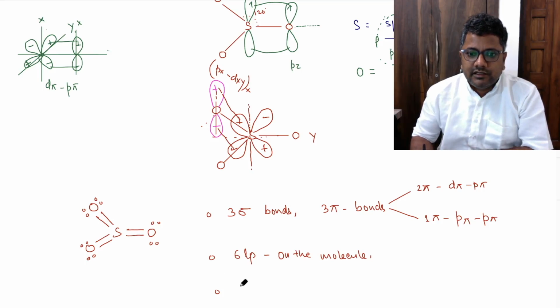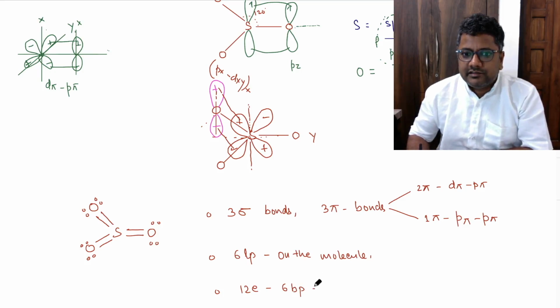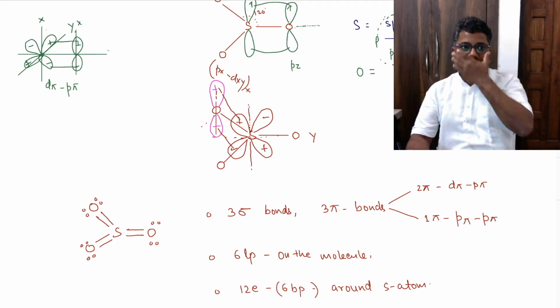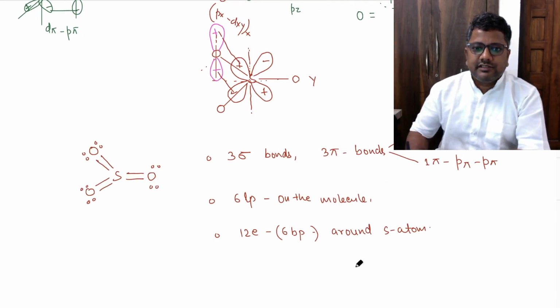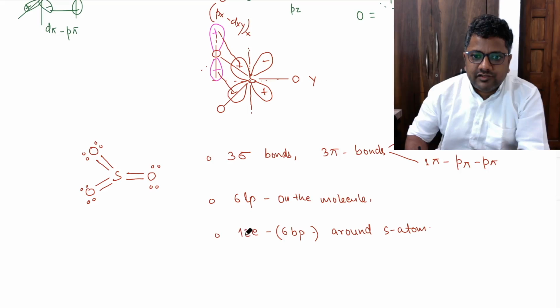So total 12 electrons means 6 bond pairs around sulfur atom, right?